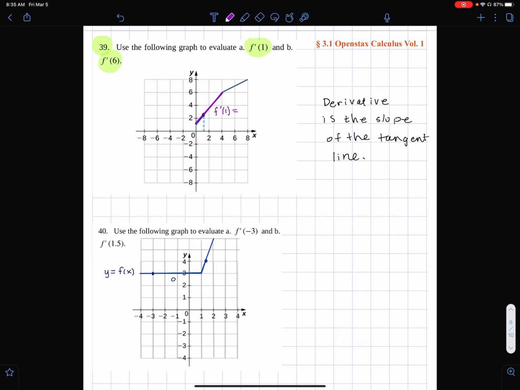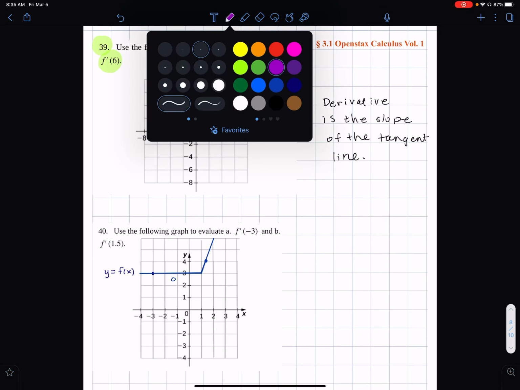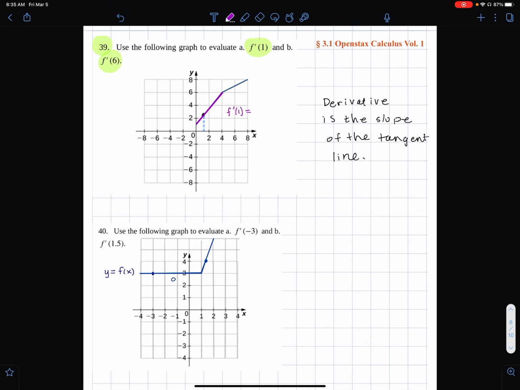is equal to, now here I have to sort of estimate, it didn't turn out to be completely whole numbers here, but it looks like the change in y apparently is, oh, what is it? Okay, let's go from the y-intercept.